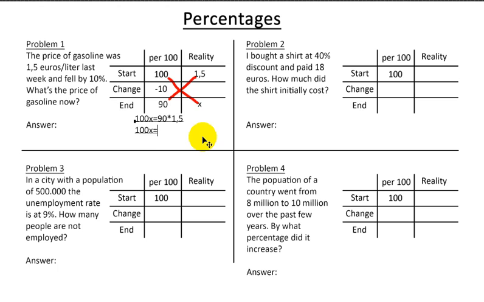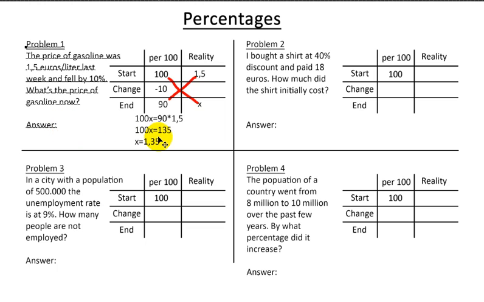Let's see how much that makes. You can do that division vertically if you want to in your notebook, but just to save time, this makes 135. So if 100x makes 135, then x must be 135 divided by 100, which makes 1.35. So now the actual price is 1.35, meaning 1 euro and 35 cents.